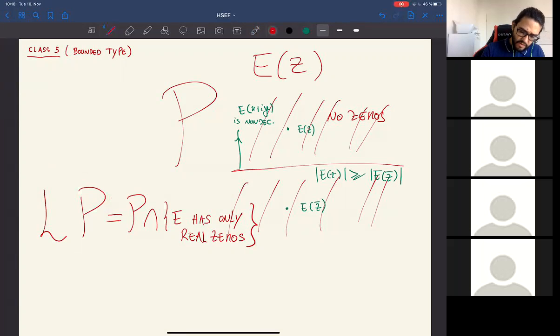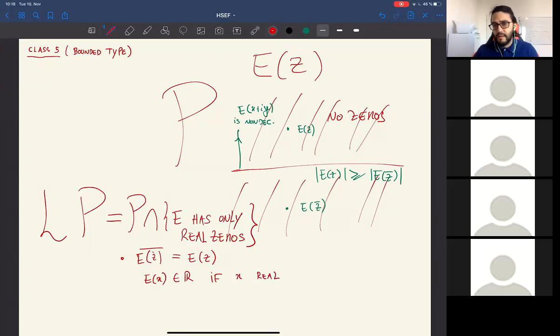Usually people also require that E is real in the sense that E(z̄) equals the conjugate of E(z), which means that E(x) is real if x is real. This is just a side comment. We won't be dealing with this class for now, maybe in the future, but just for you to know that these are the main things that people look at.